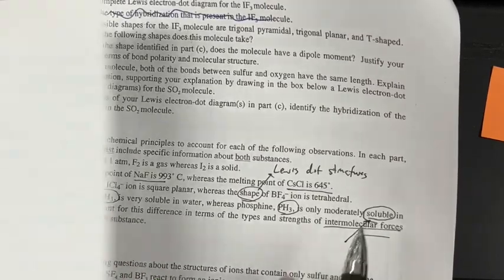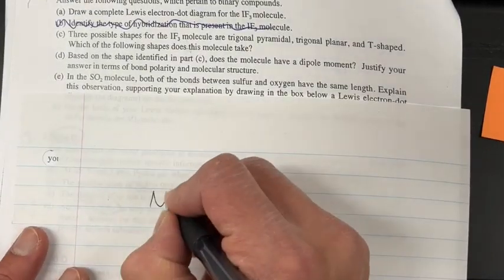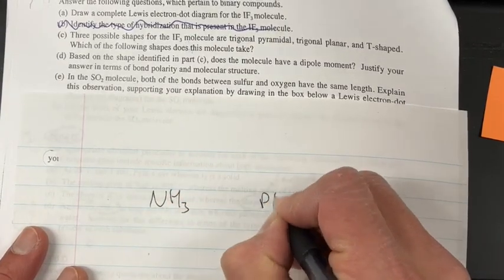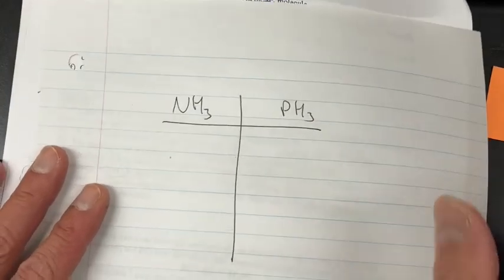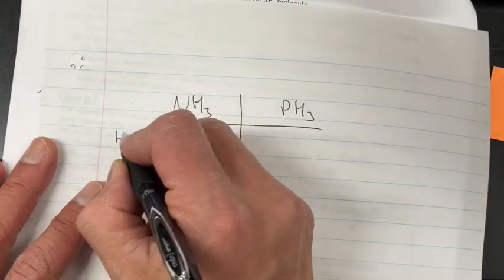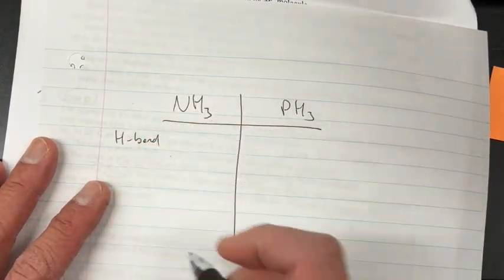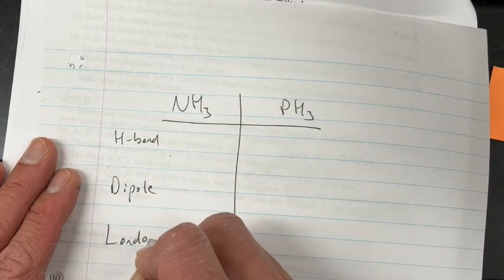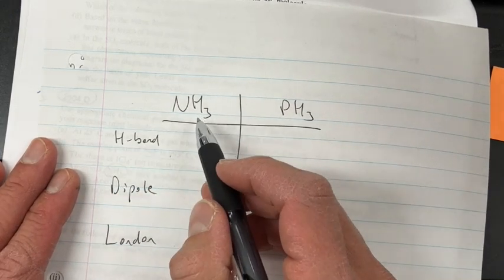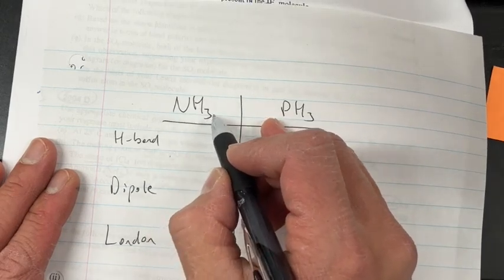So I set up my table. I go NH3, PH3, my table, my three forces, H bond, dipole, London. Let's go through them. NH3, do I have H bonding?